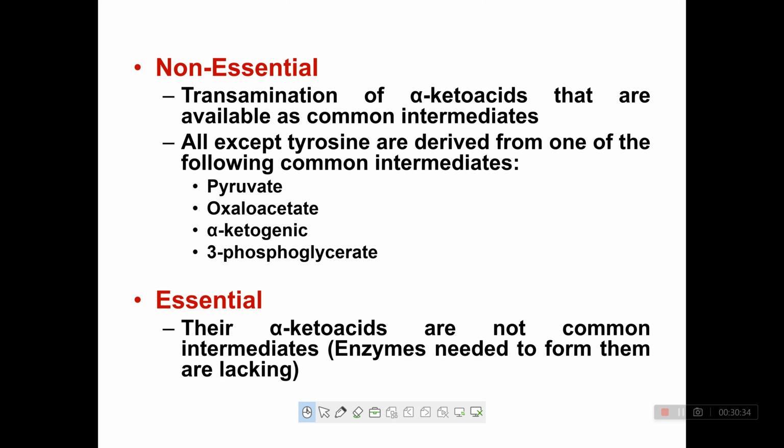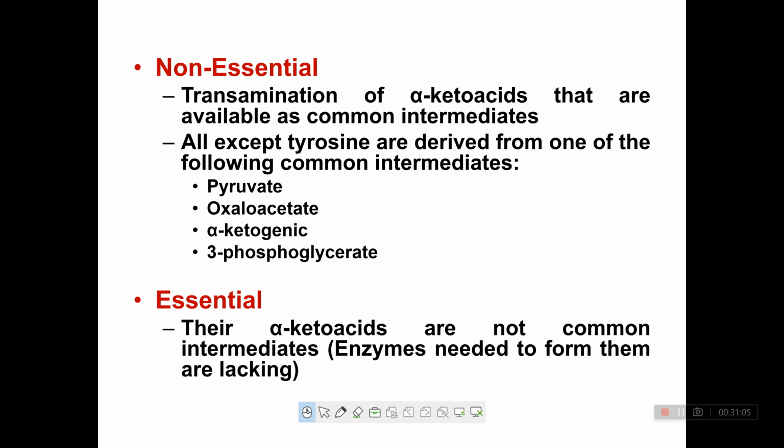Now, the biosynthesis of non-essential amino acids. How does it take place? The basic step is transamination of alpha keto acids that are available as common intermediates.